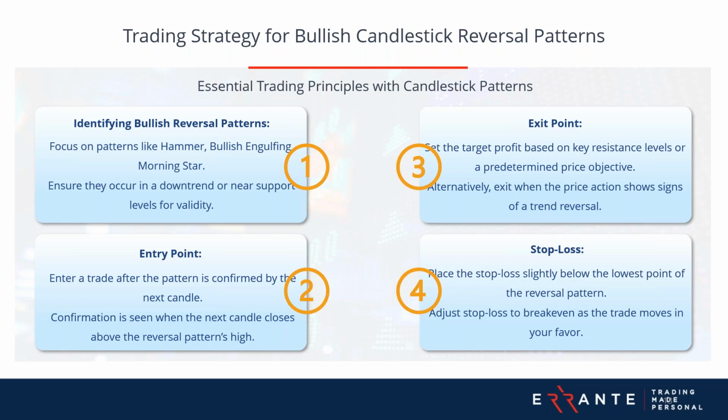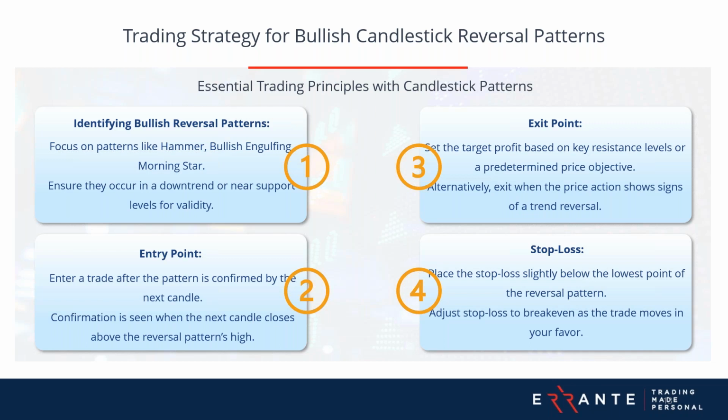So I tried to gather all of them and somehow combine them to define general rules to develop any type of strategy for trading these patterns. These rules are designed to help you capture potential upward movements effectively.